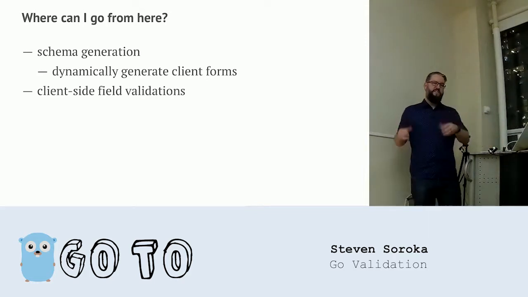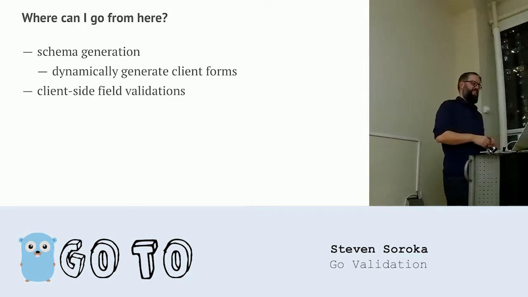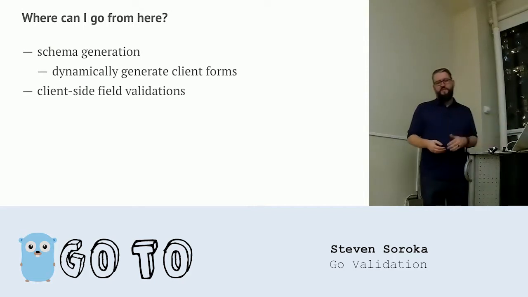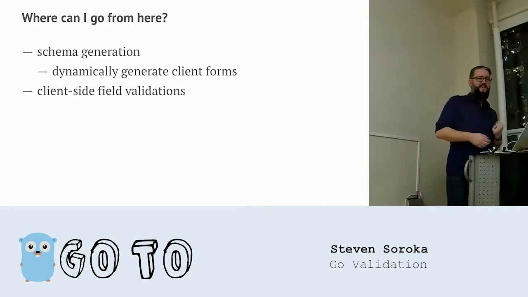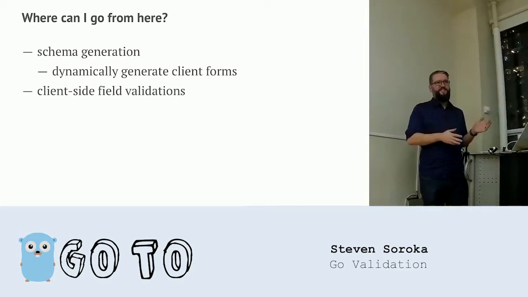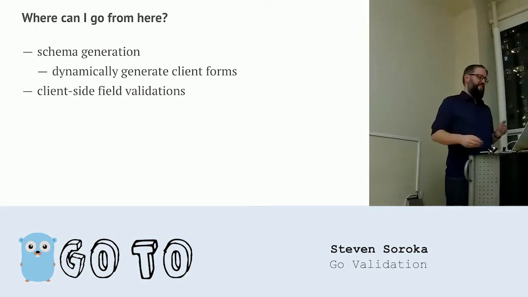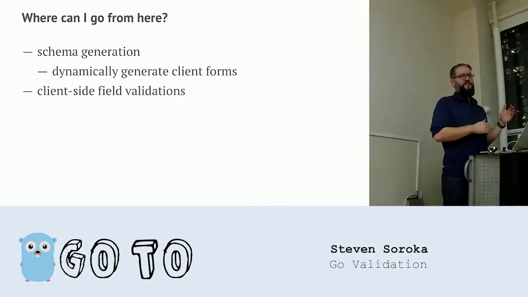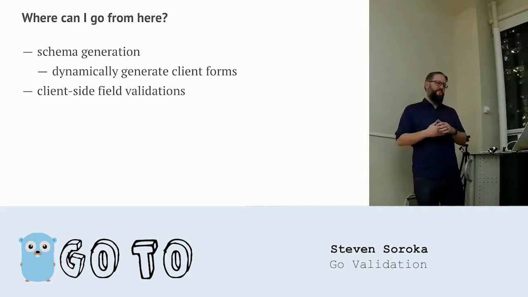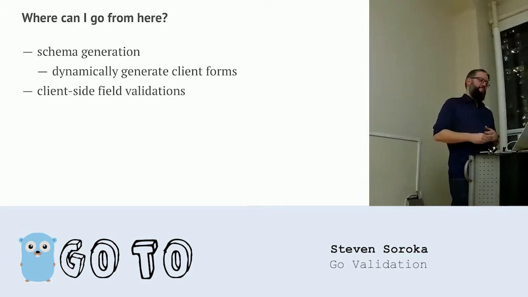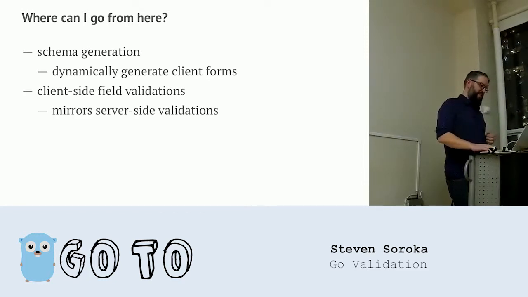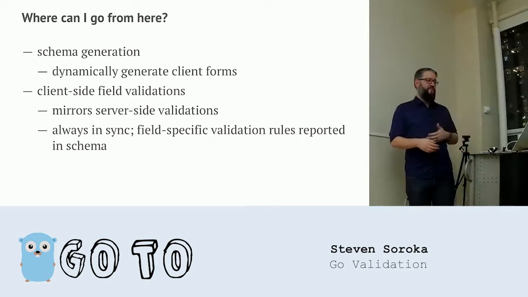You can implement all the same validations in JavaScript on the client side, or whatever, and because the rules have nice normal names with simple arguments like min size, or min length 1 and max length 10, the client has a short list of rules that it can implement and basically mirror the validations on the server side. So if you think about this, your client is always in sync with the validations that your server has.